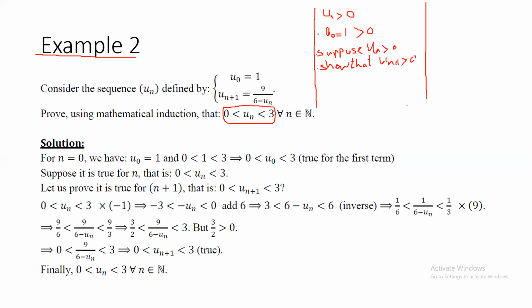How to prove un plus 1 greater than 0? What is un plus 1? It is u1. un plus 1 is 9 over 6 minus un. What is the sign of 9 over 6 minus un?